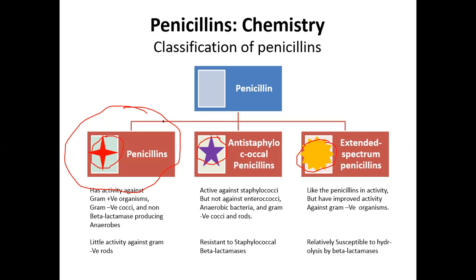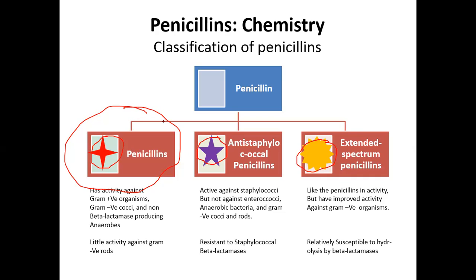If I tell you penicillins work on gram-positive organisms, now you have to know the gram-positive organisms. And then on gram-negative cocci, then you should know the gram-negative cocci. And then the non-beta-lactamase producing anaerobes.